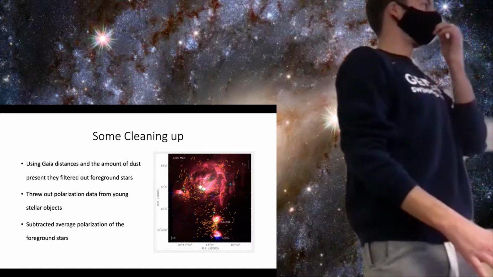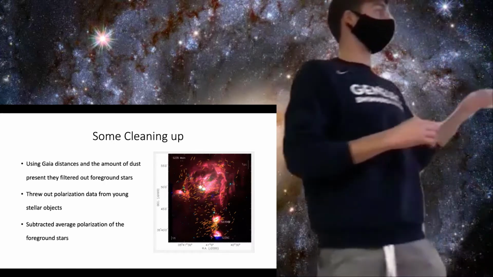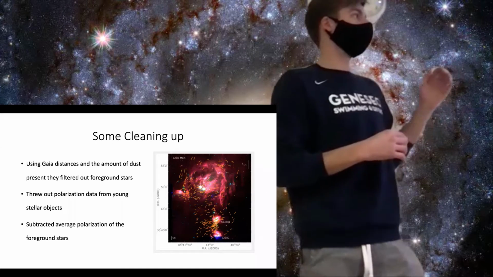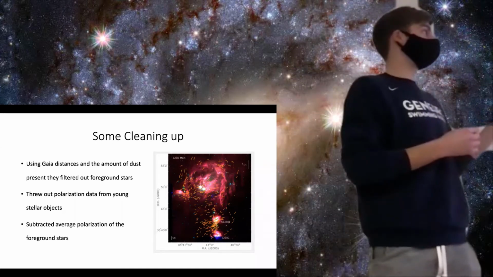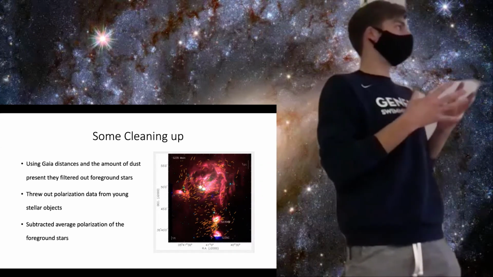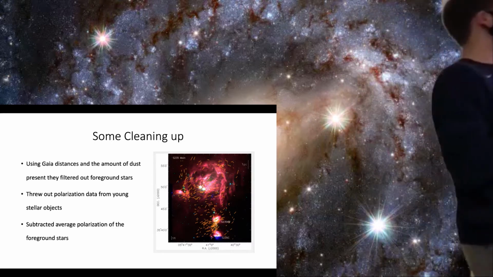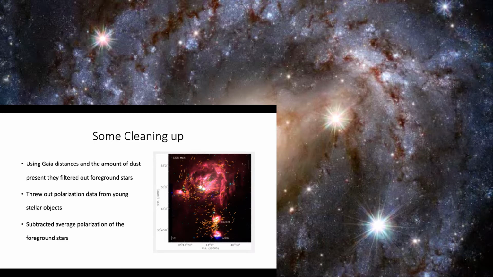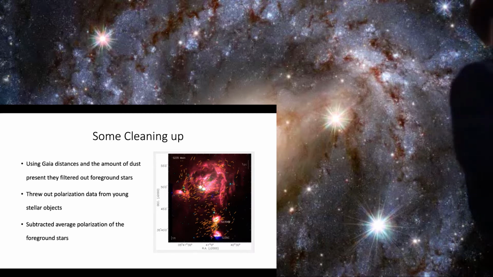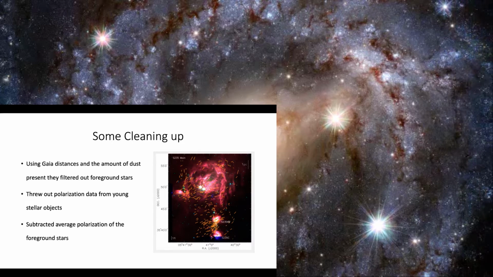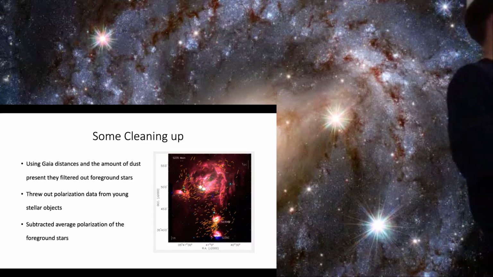But there's also polarization from other objects, like the stars in the background and the young stellar objects in the balloons themselves. To clean up some of the data, they use Gaia distances and the amount of dust present to filter out foreground stars. They also threw out polarization data from the young stellar objects.